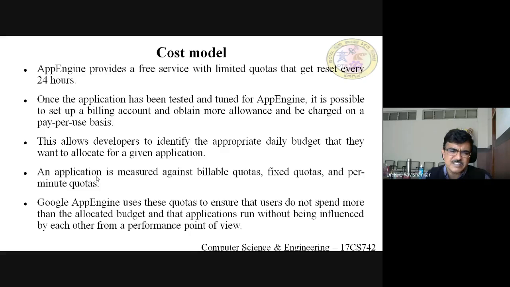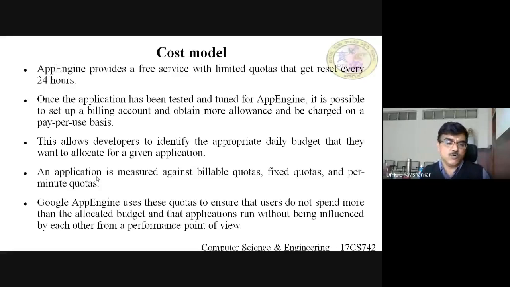There are daily quotas and per minute quotas, just like how you take your mobile phone facility, similarly app facility can also be obtained through Google. Google App Engine uses these quotas to ensure that users do not spend more than the allocated budget and that applications run without being influenced by each other from a performance point of view.